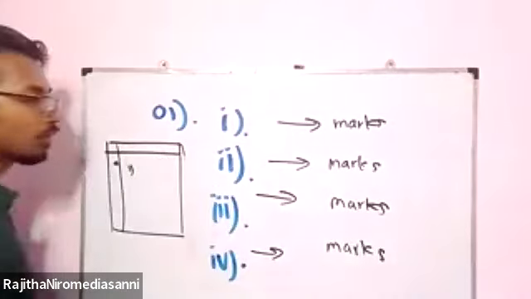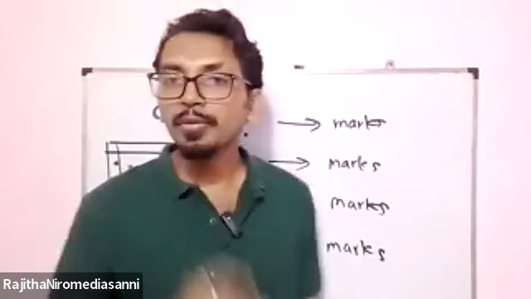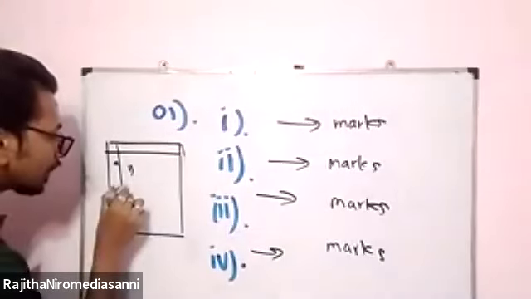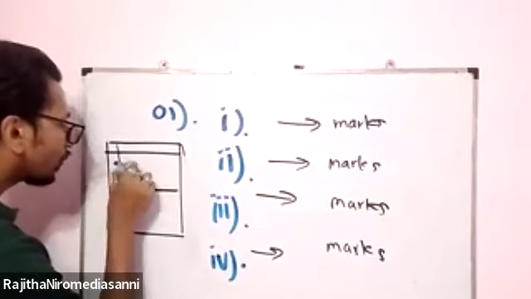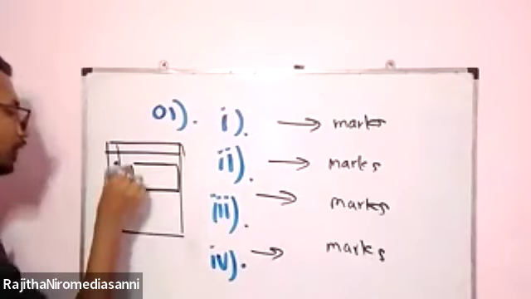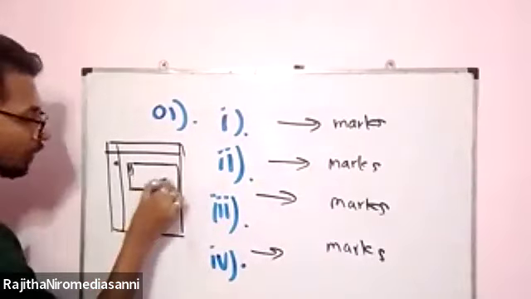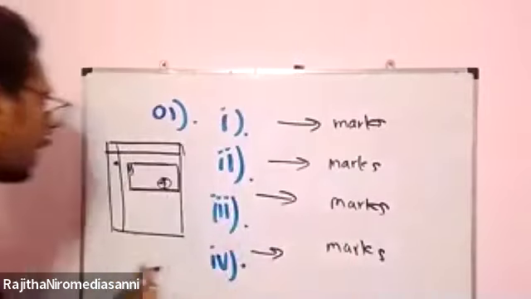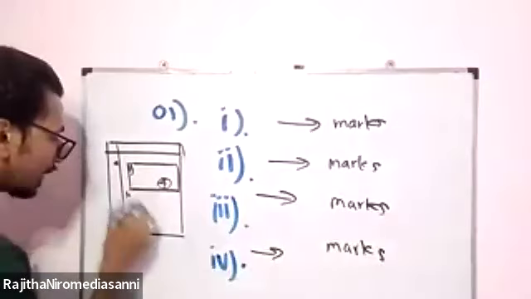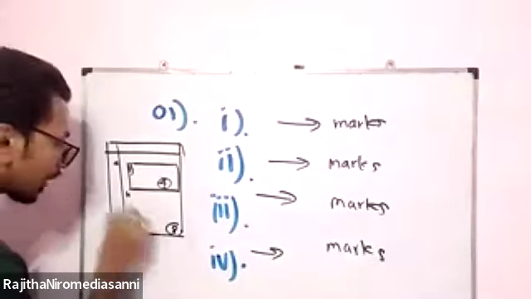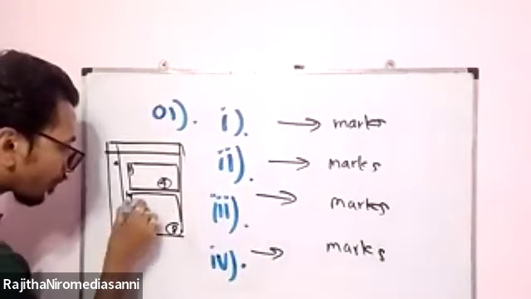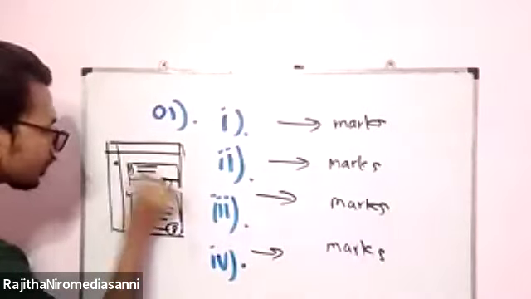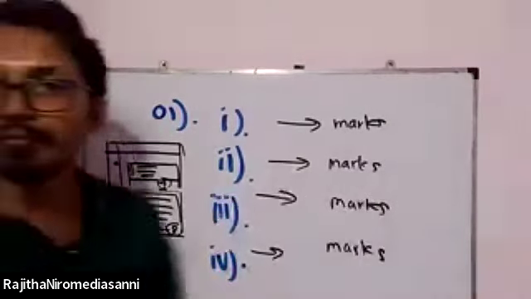How much space do you want? Think about this type of area we have used. The first question is only 4 marks. 4 marks means not half a page. And the second question, 8 marks, means half a page idea.